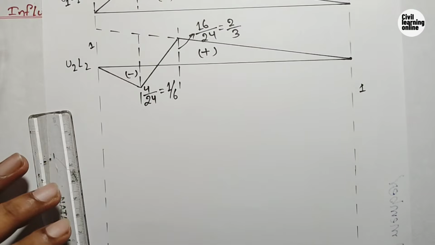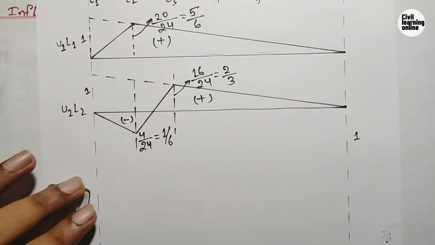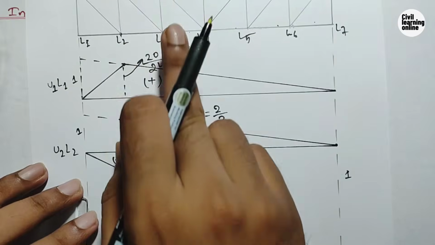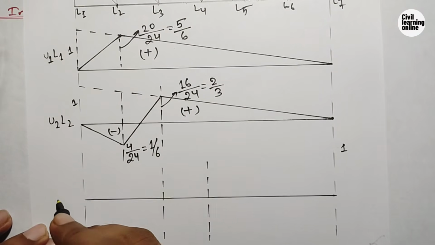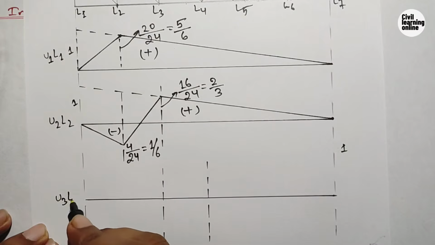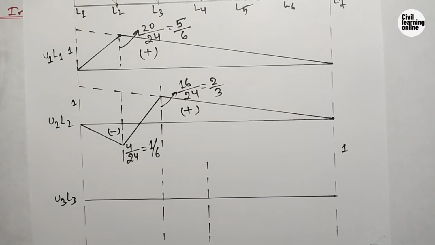Now let us draw the influence line diagram for the vertical member U3 L3. So here I will be drawing the influence line diagram for the vertical member U3 L3, and again here will be the same case. Our influence line diagram, or the load, will get converted from tensile to compressive.